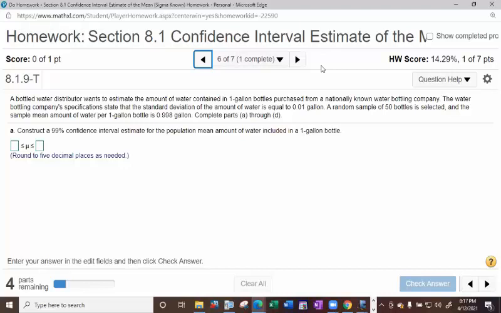Let's see. 1 gallon water bottles, standard deviation 0.01, 50 selected. Sample mean of a 1 gallon bottle is 998. Okay, so we should have everything we need here.